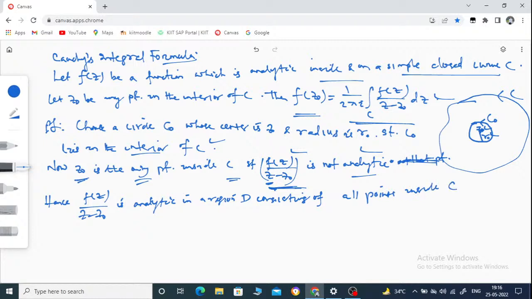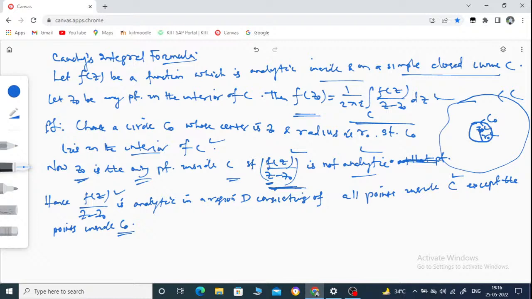inside this curve C except the points inside C naught. At the point z naught that function is not analytic, and this z naught is contained in C naught. So if I exclude this C naught, then it is analytic on C except this C naught.